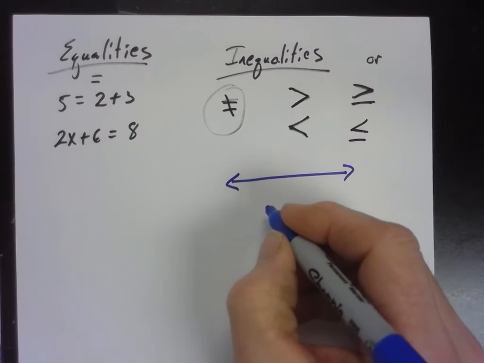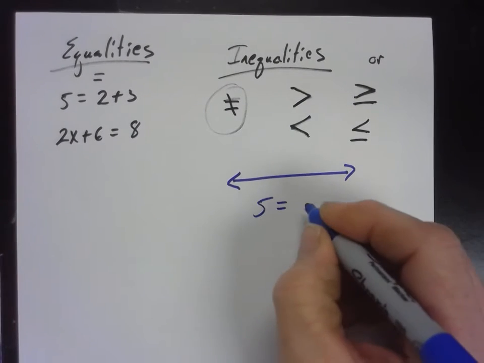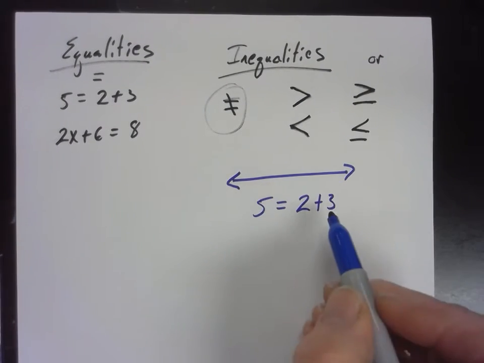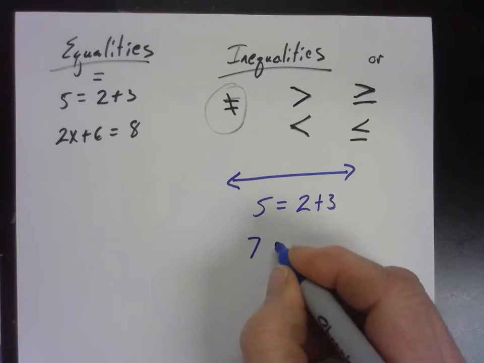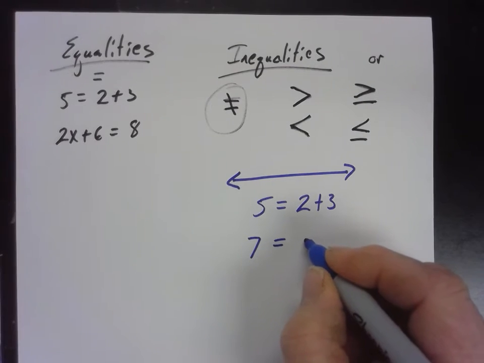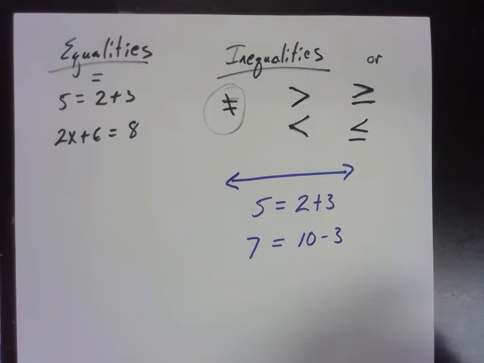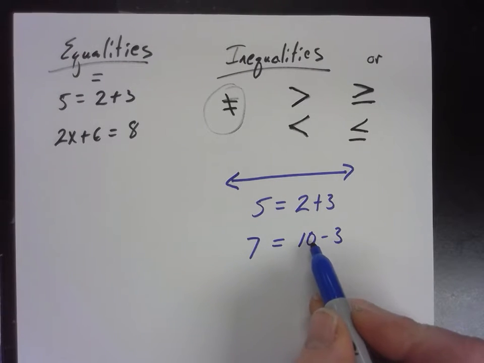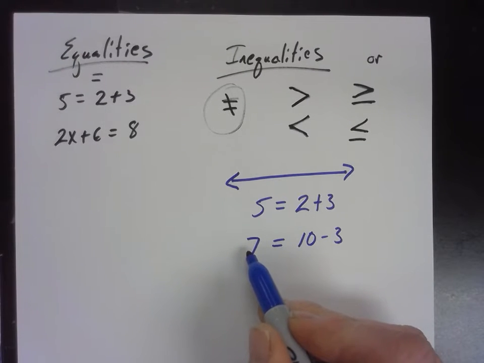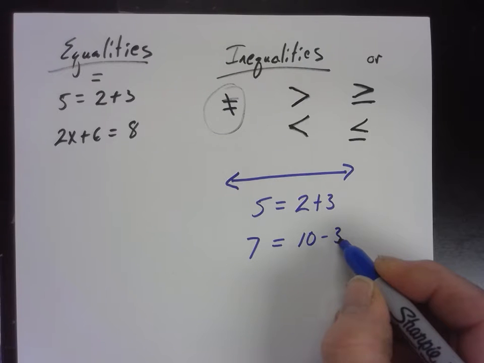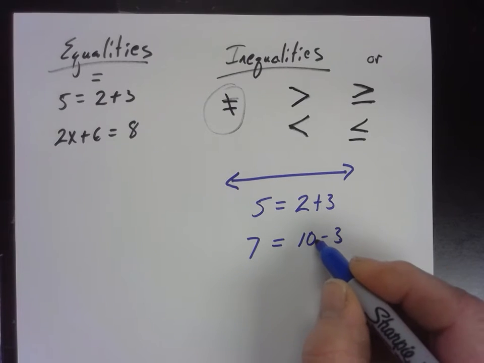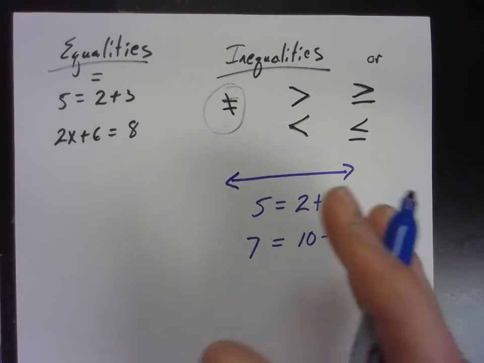If I have 5 is equal to 2 plus 3, or 3 plus 2 is equal to 5, or 7 is equal to 10 subtract 3, or negative 3 plus 10 is equal to 7. I can't just say 7 minus 10 equals 3, but I can say negative 3 and positive 10 added together equals 7. So I can read it from right to left.